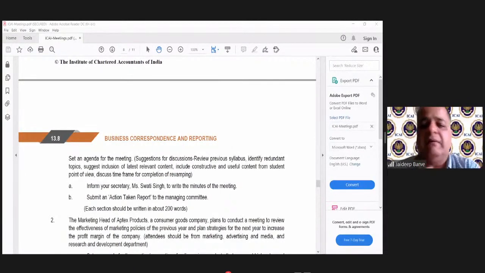Okay, so Manisha Suta's action taken report appears to be good. Harshita, I'm going to check. In Harshita's action taken report, there is one point where she's saying questions asked should be straightforward and not confusing. I'm not understanding what she's written. Otherwise, it is okay.